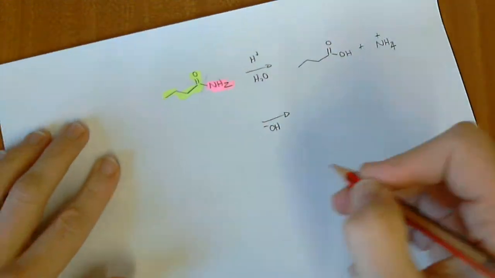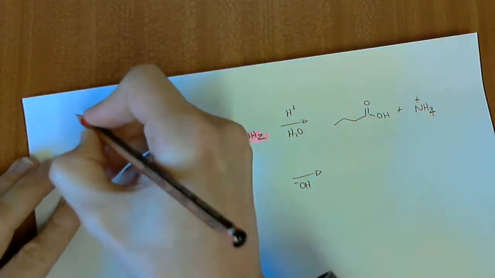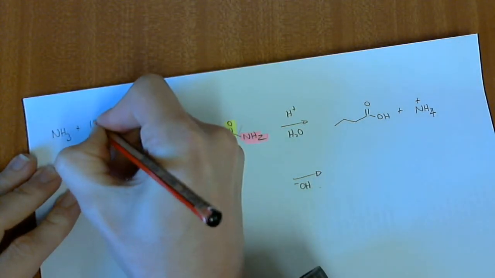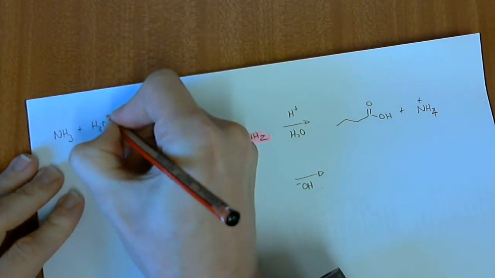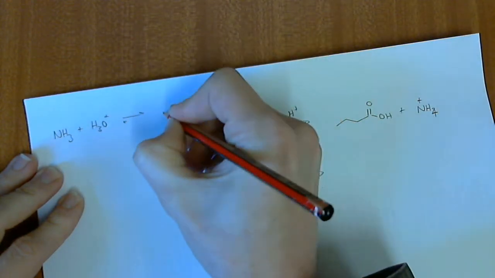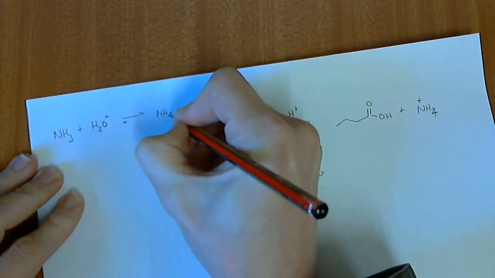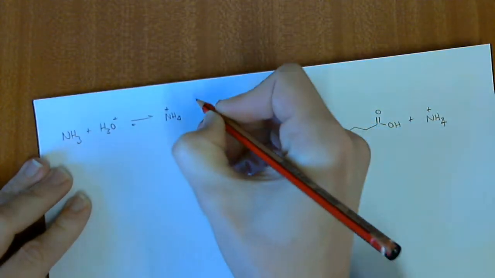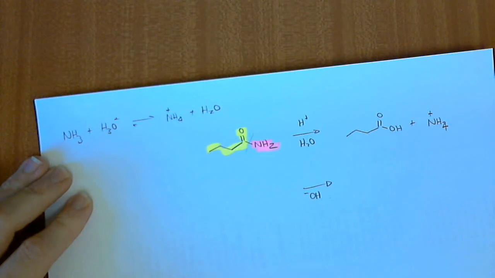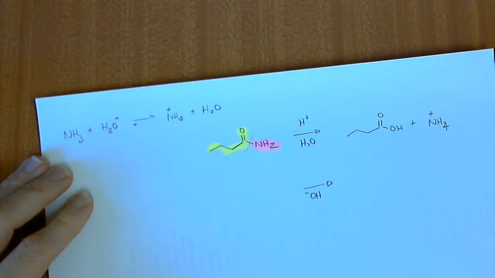Remember, if you take NH3 plus H3O plus, it's an equilibrium that lies very much in favor of NH4 plus and H2O. If you go and look at your pKa tables, you'll be able to work that out.